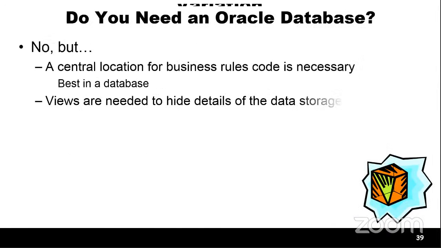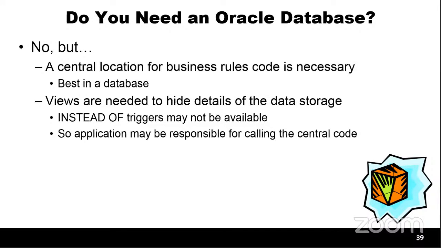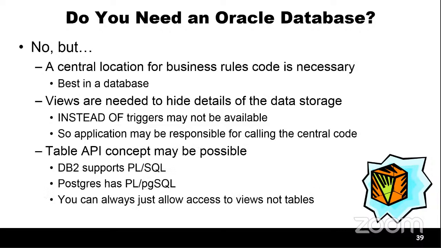Do you need an Oracle database? That's a good question because this is an Oracle oriented group, but there are environments that have Oracle and other things. You do need a central location for business rules code, and the database is a good place for that. Views are needed if you're using method 2 to hide the details of the storage, and then instead-of triggers may or may not be there in different databases, so the application has to call the code.